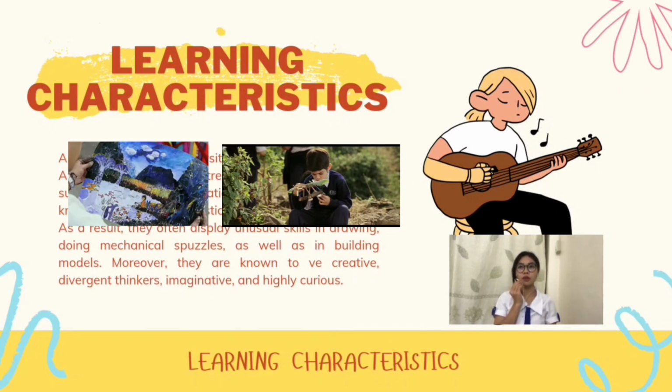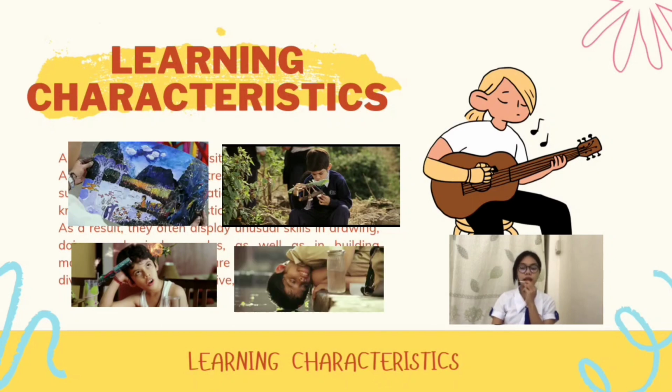You can see that a student has dyslexia but is good at drawing. Doing mechanical puzzles, making a toy boat using pencil and wood, as well as in building models. Moreover, they are known to be creative, divergent thinkers, imaginative, and highly curious.